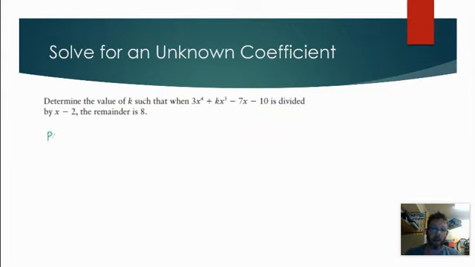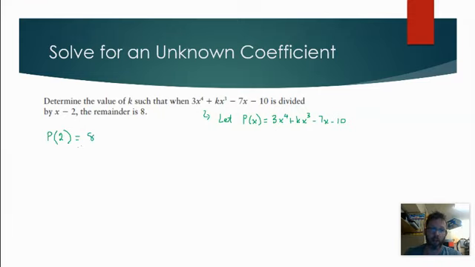If we let p of x equal 3x to the power 4 plus kx cubed minus 7x minus 10, we know because of the remainder theorem that the value of that function evaluated at 2 is going to be equal to 8.